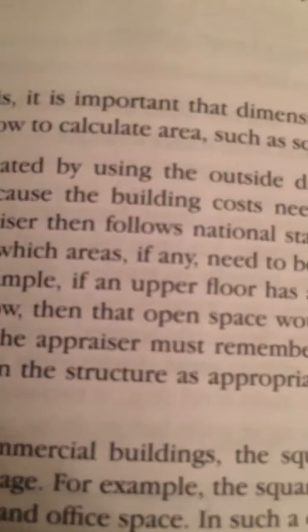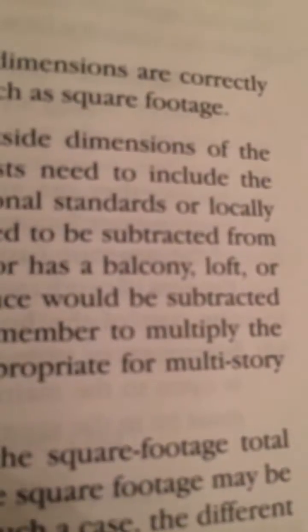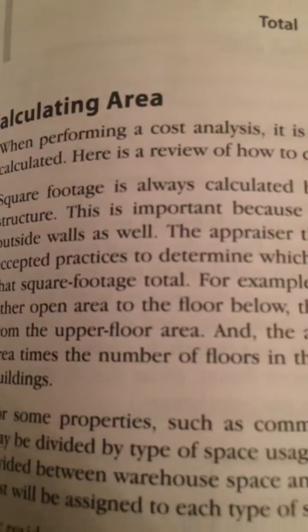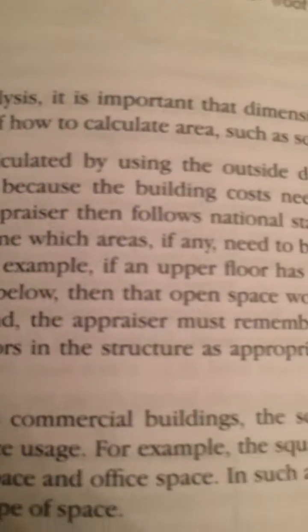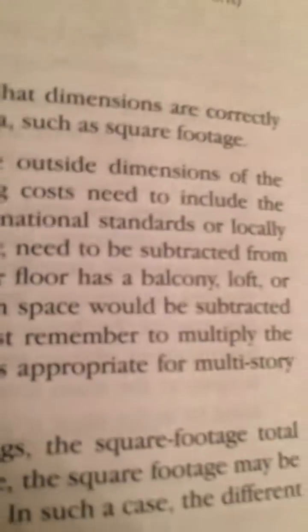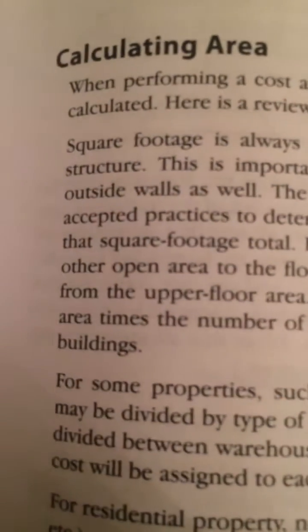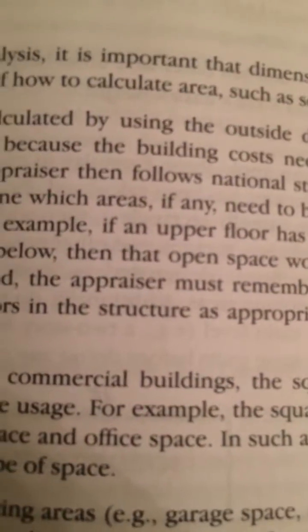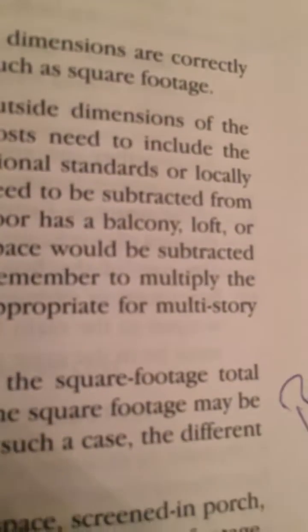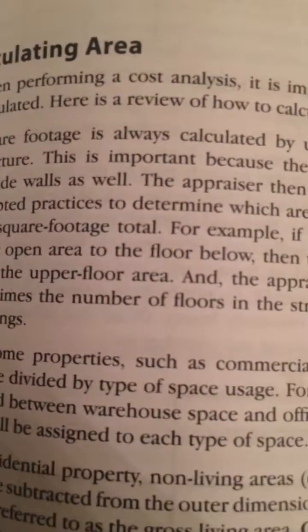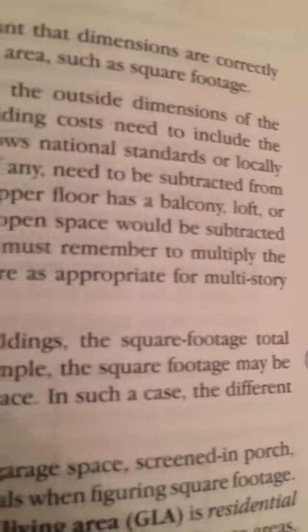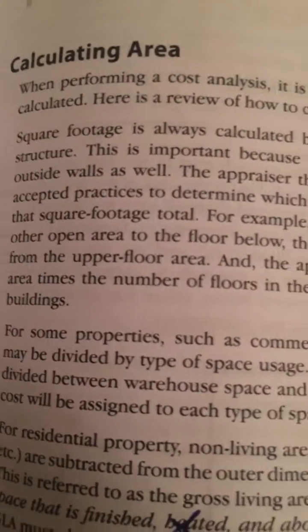The appraiser then follows national standards or locally accepted practices to determine which areas, if any, need to be subtracted from that square footage total. For example, if an upper floor has a balcony, loft, or other open area to the floor below, then that open space would be subtracted from the upper floor area.